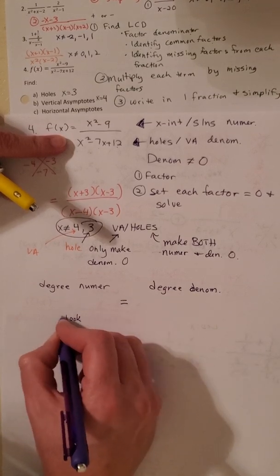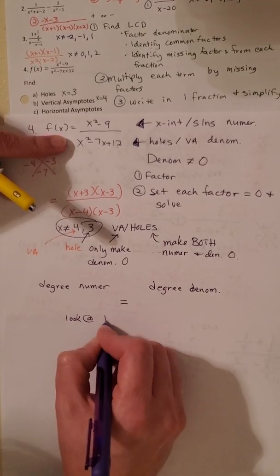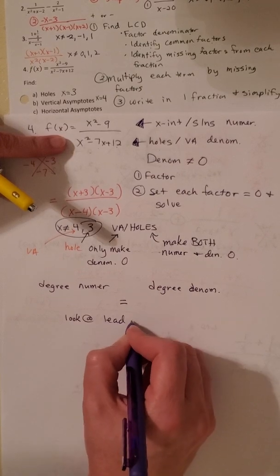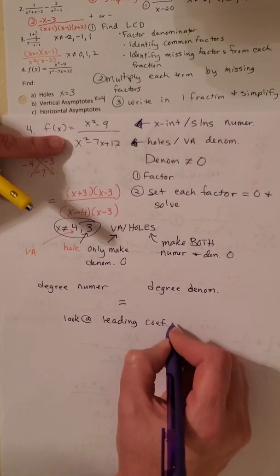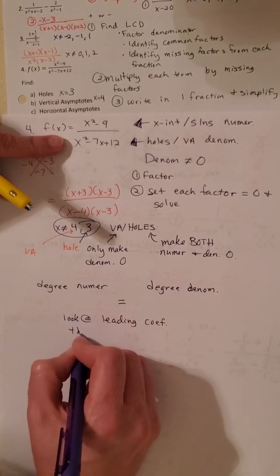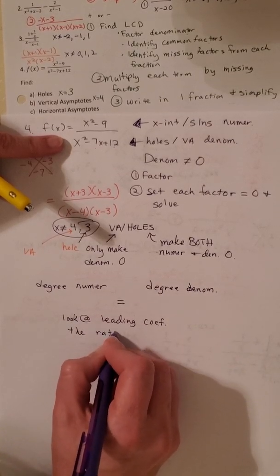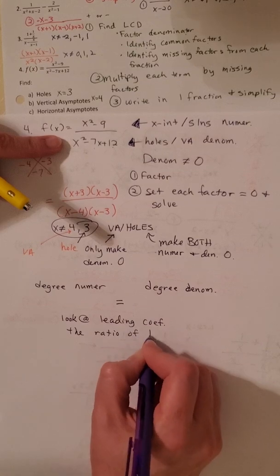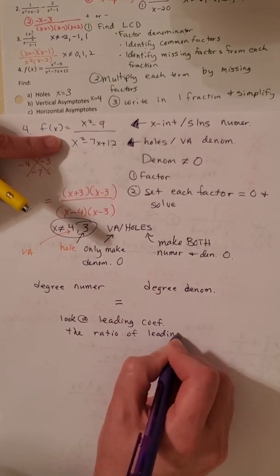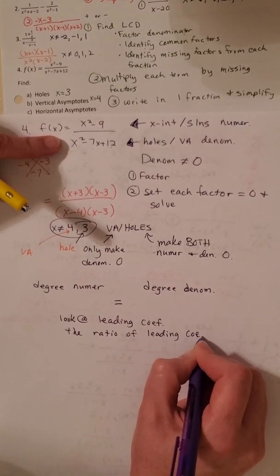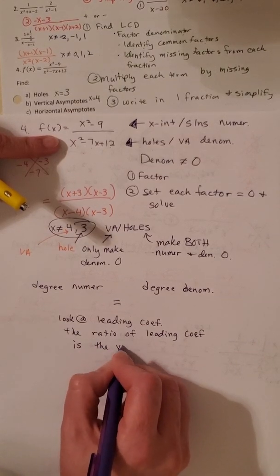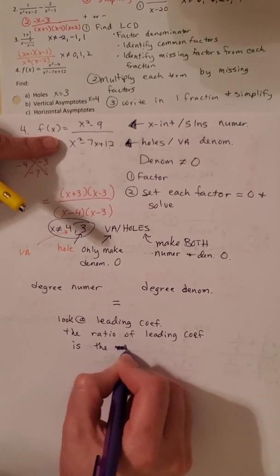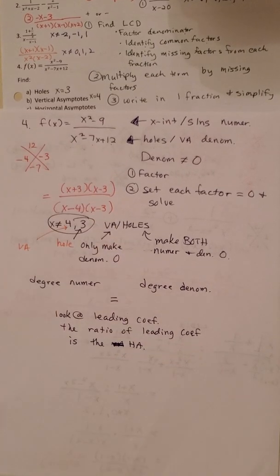So if they're equal, you look at leading coefficients, the ratio of the leading coefficients is the vertical asymptote, or sorry, the horizontal asymptote of the graph.